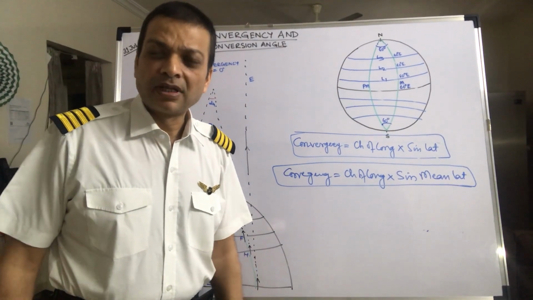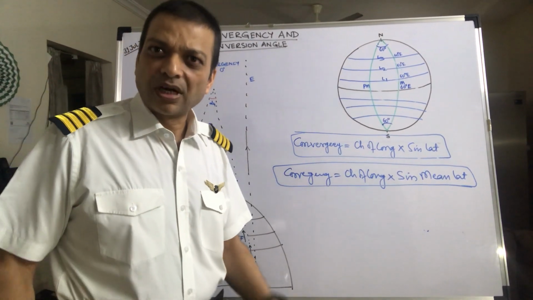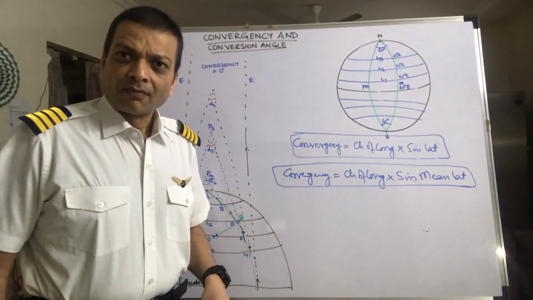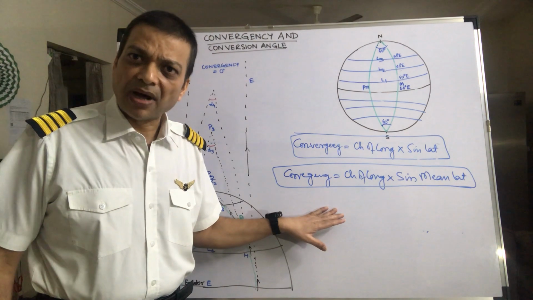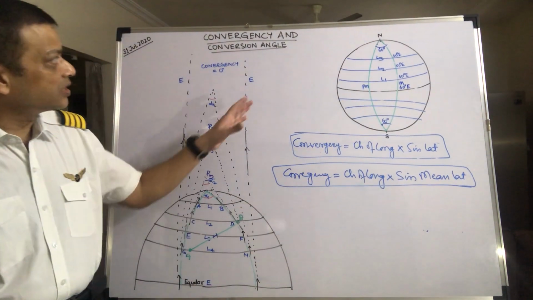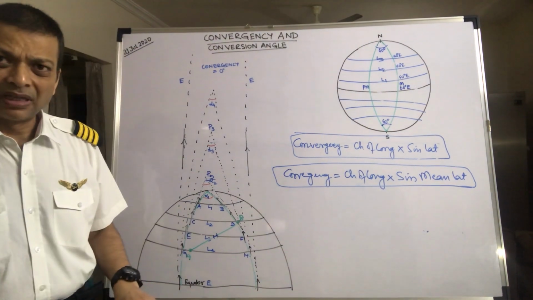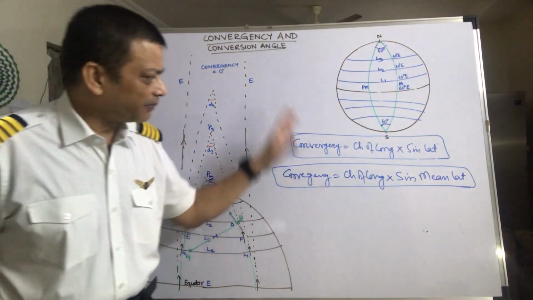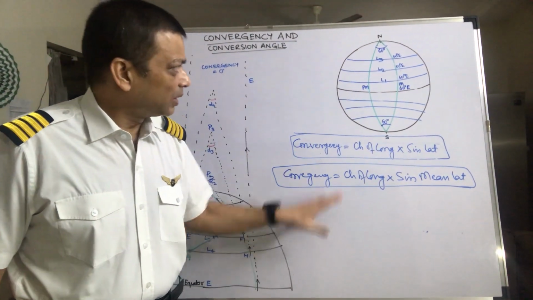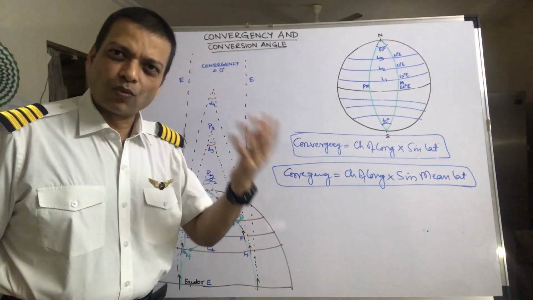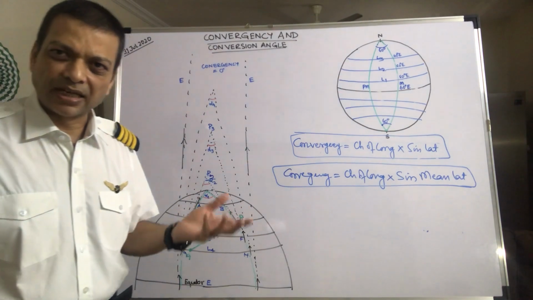I hope I could have made you understand about the basic concept of convergency. In continuation to this part, let us see what the conversion angle means. Gentlemen, a conversion angle, before coming to that, we will first of all generalize this, and thereafter then we will see what that conversion angle means.